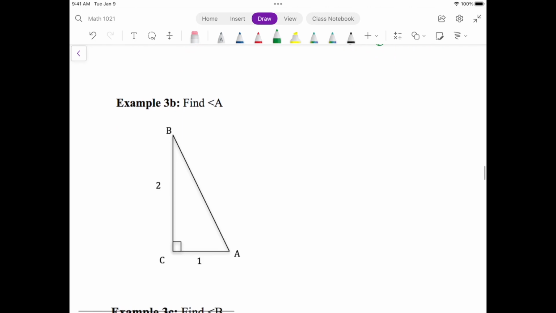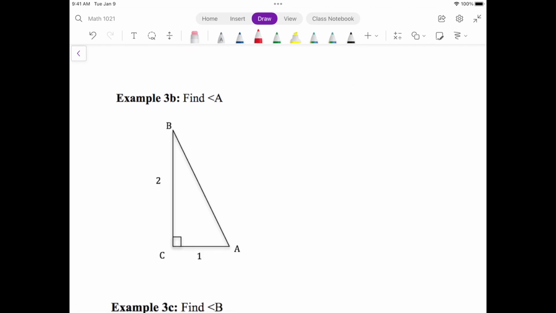Let's look at another example. So I am looking for angle A, which is right here. So this side is going to be my hypotenuse. This side is going to be my opposite, and this side is my adjacent. So in this case, I've been given information about the opposite and adjacent side, so I don't really care about the hypotenuse. The function that uses opposite and adjacent is the tan function.